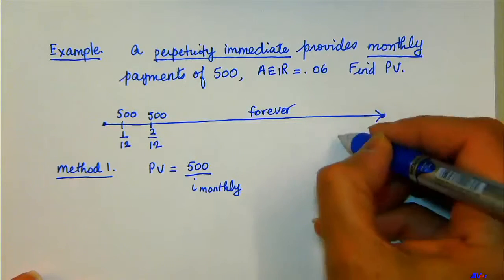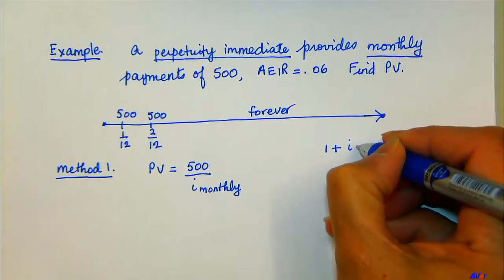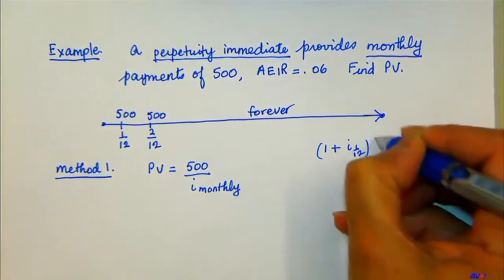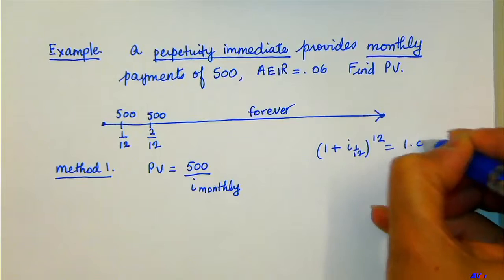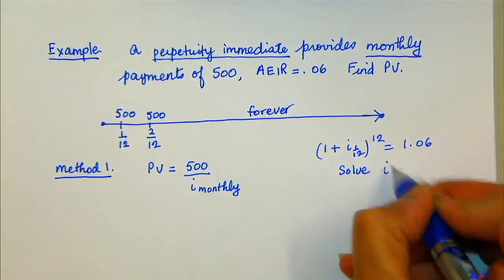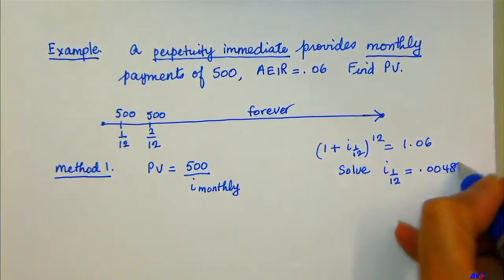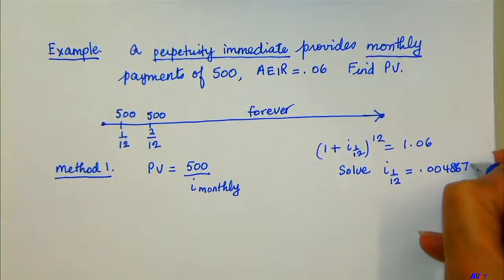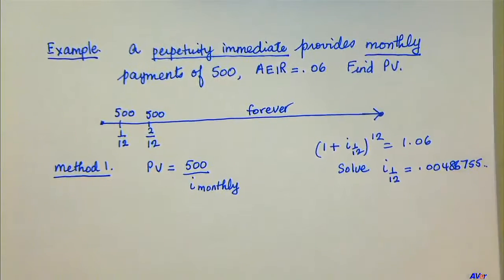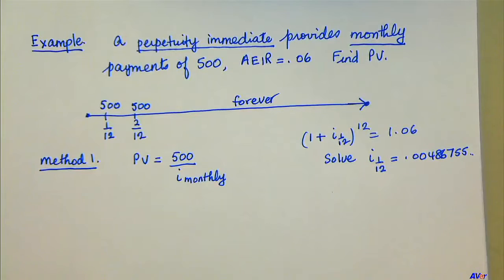So i monthly can be found by going (1 plus i(1/12)) to the 12 equals 1.06, and then solve for i(1/12), which gives me 0.0048675. So if I did that, my method 1 would be done. How about method 2?